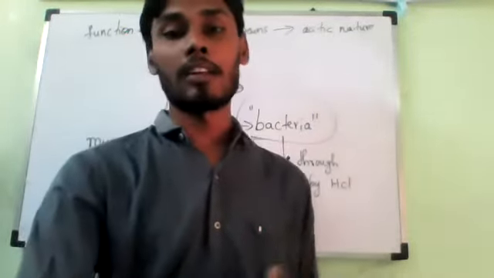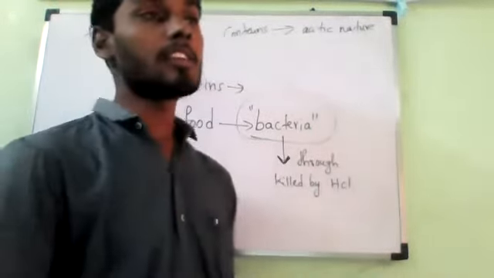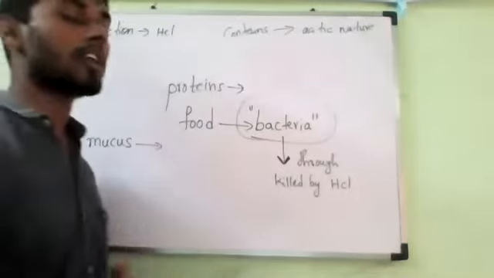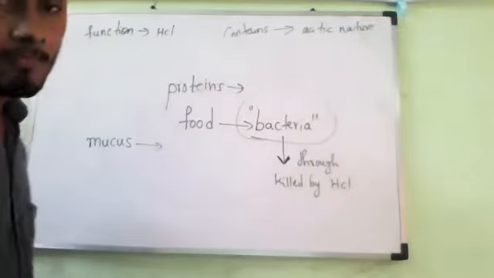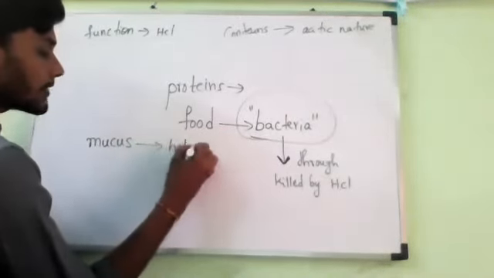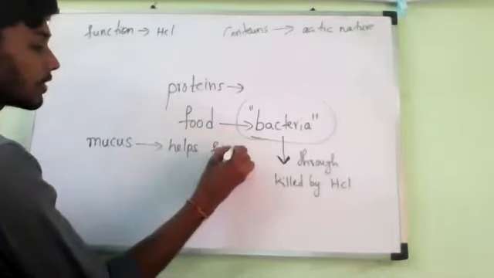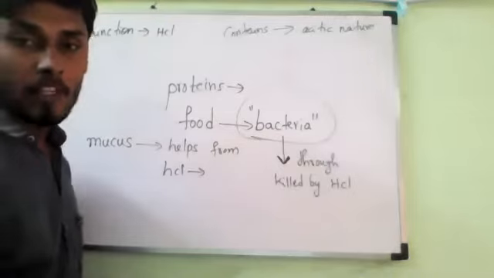It can even burn our human organs. So instead of only killing bacteria, it can also burn the walls of our stomach. So what is the use of mucus? Whom will it protect?